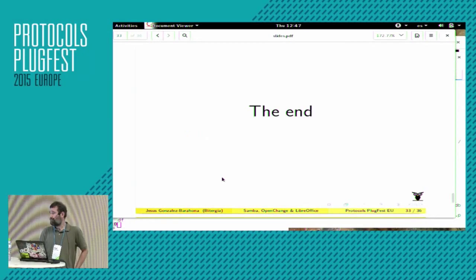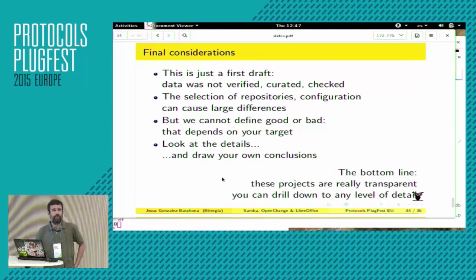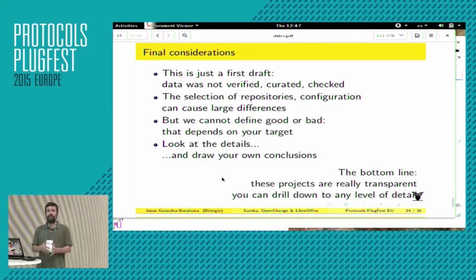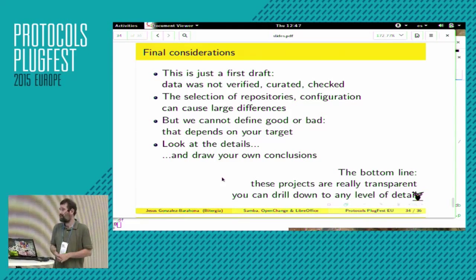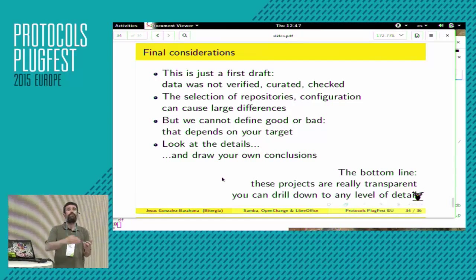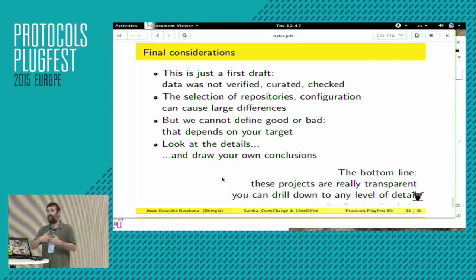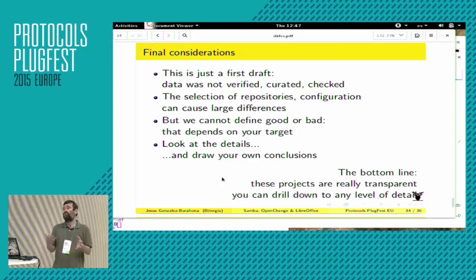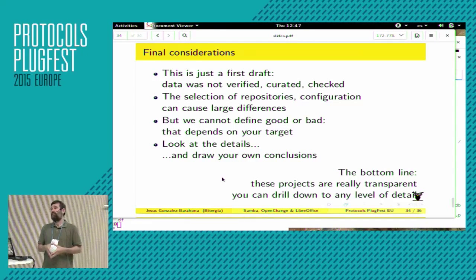And I'm almost done. So some things to remember, I guess I mentioned them, but just in case, this is just a first draft. So we usually go through the data, work with the projects, and try to understand the policies, and try to really extract the right data.